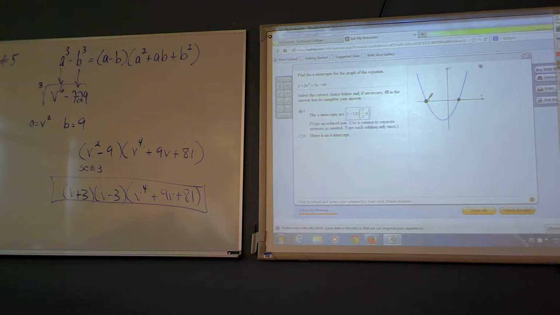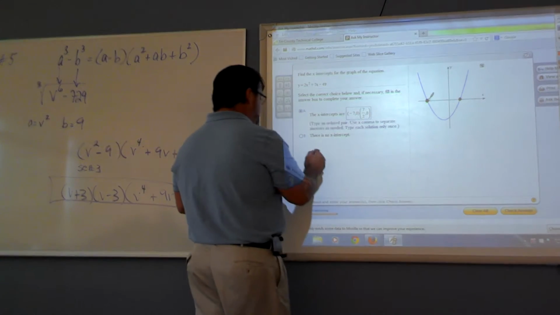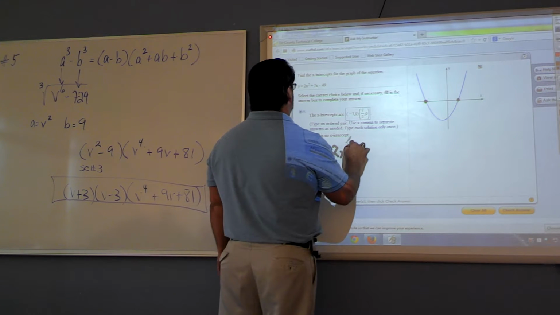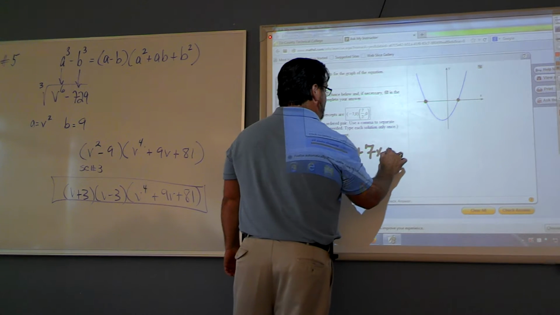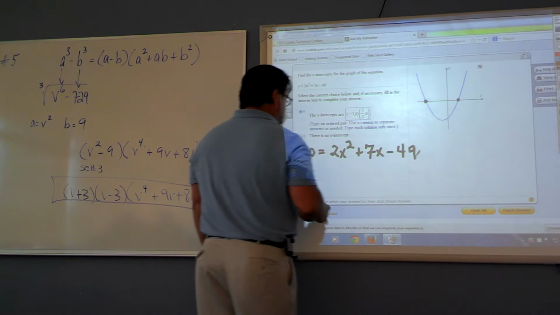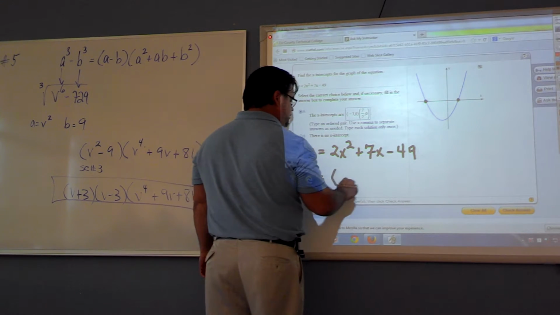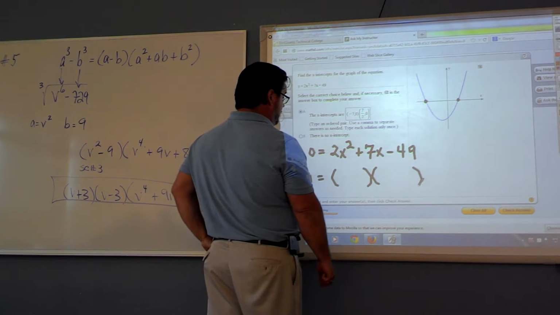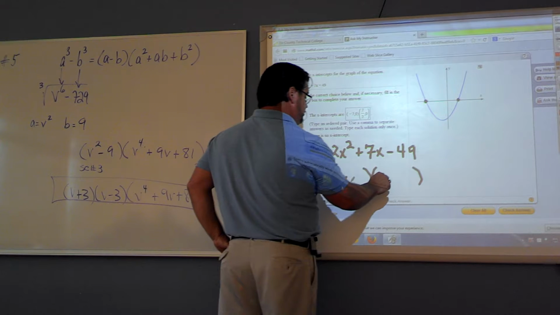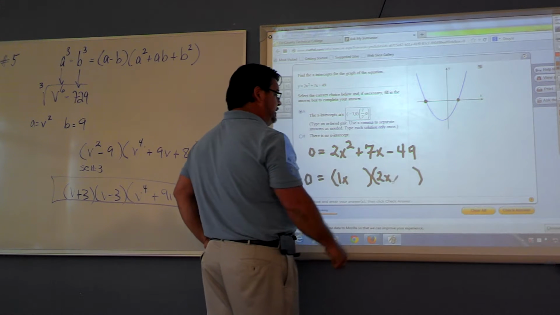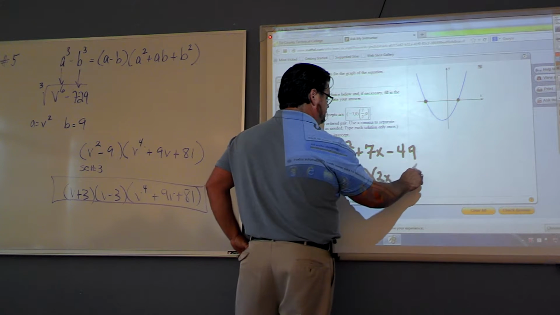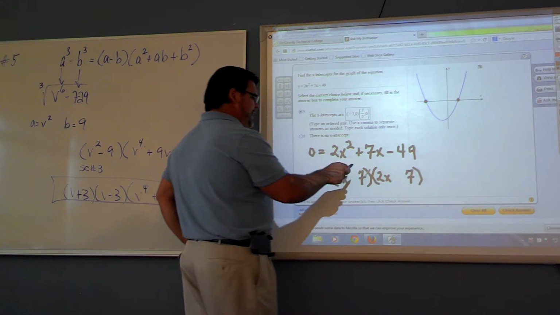So, let's go ahead and do this by reverse FOIL and set it equal to 0. 0 is equal to 2x squared plus 7x minus 49. And 0 is equal to 1x, 2x, and 7 and 7.